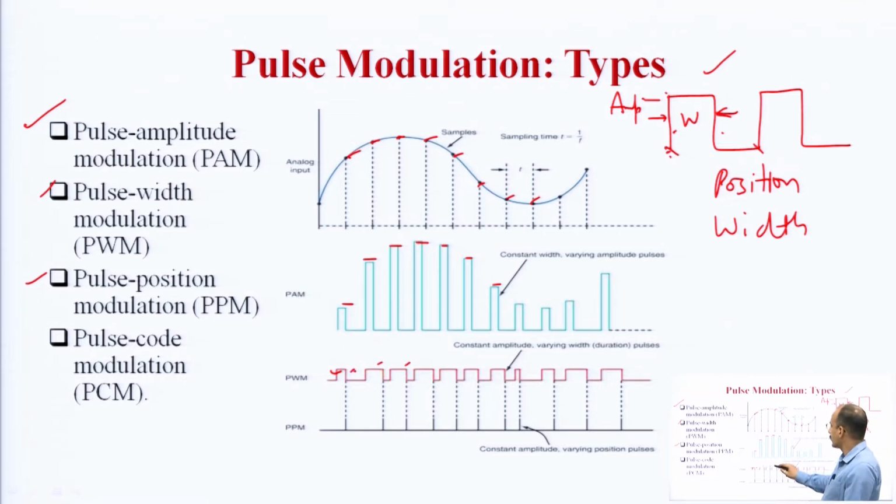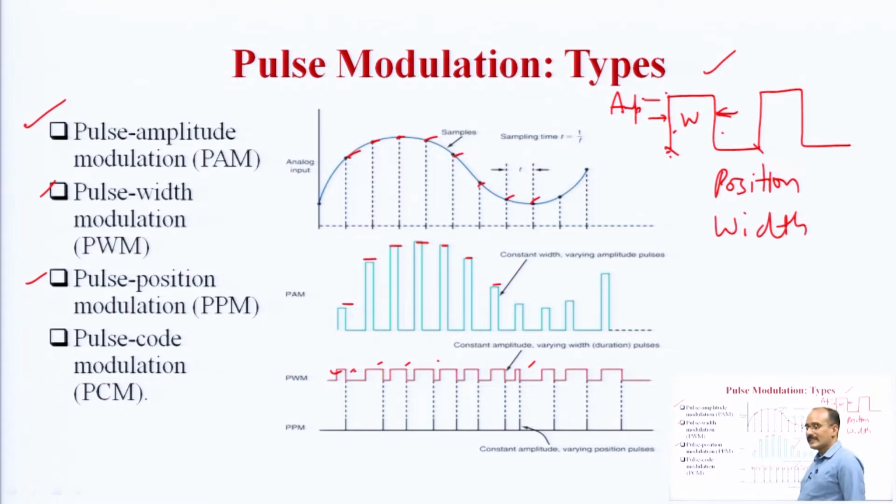With a positive input the width is increasing, but when the input voltage decreases, the width also decreases. This is known as pulse width modulation. And in pulse position modulation, you can see that the position of the pulse start is changed.